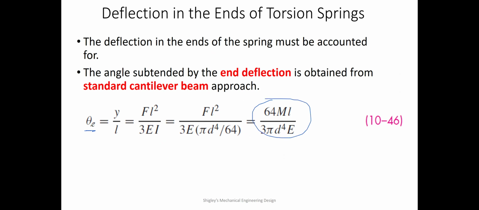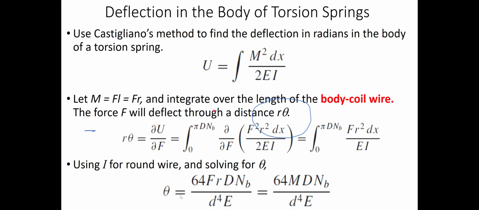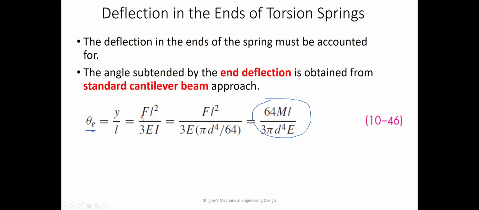So what we got already is theta for the coil, or say the deflection of the body coil here, and we got the deflection of these two ends.